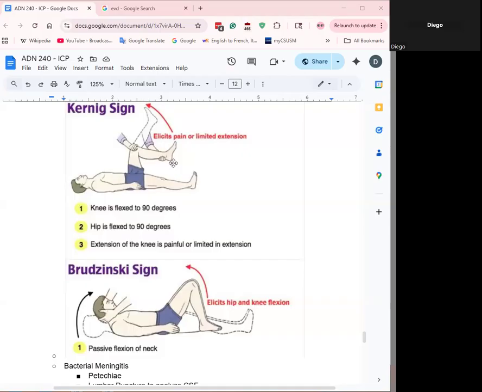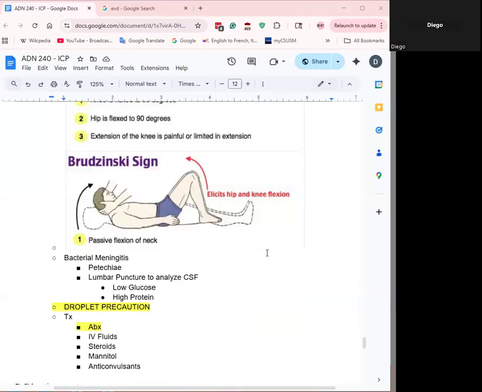If that causes pain, that is a positive Kernig sign, which is indicative of irritation in the meninges. Okay. And then the Brudzinski sign is another possible indicator of meningitis, and this is what that nuchal rigidity is about.